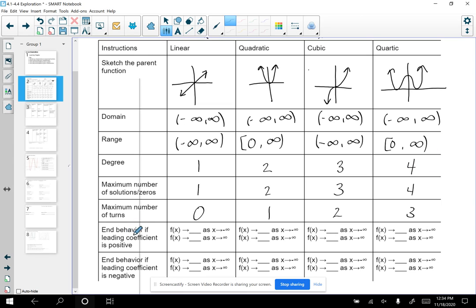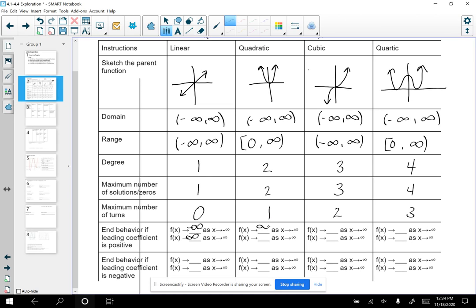And behavior, if the leading coefficient is positive. All of these parent functions have a positive leading coefficient, so we can go ahead and analyze the parent function end behavior. As x goes to negative infinity, we see f of x goes to negative infinity, and as x goes to infinity, f of x goes to infinity.